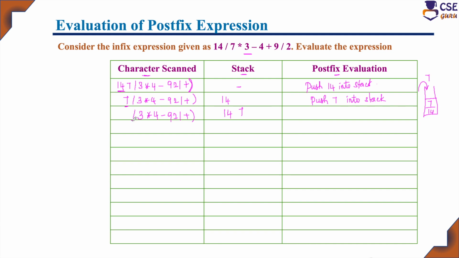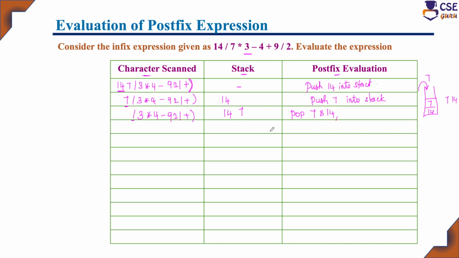Okay. Next comes the operator, the division operator. Now you have to implement this division operation on the top 2 elements. So the top 2 elements of the stack are 14 and 7. 7 is the top element, next is 14. Okay. So here pop 7 and 14. First you have to pop 7, then you have to pop 14.